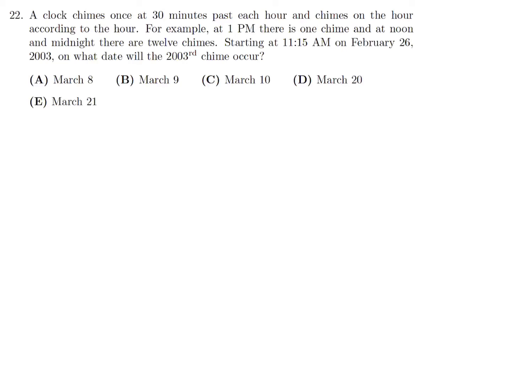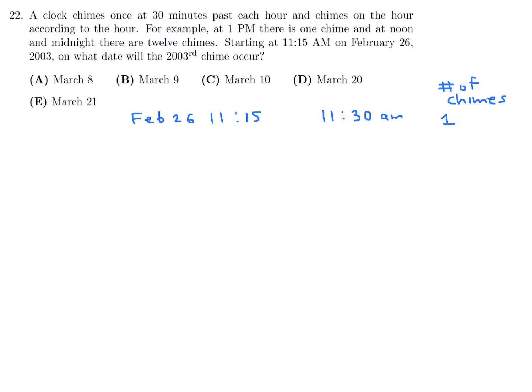So let's make a table here. We've got February 26th, 11:15 a.m. And then the first chime occurs at 30 minutes past the hour, right? So that's 11:30 a.m. And I'll write number of chimes here. And then that's the first one.